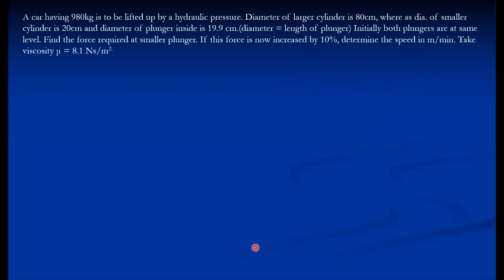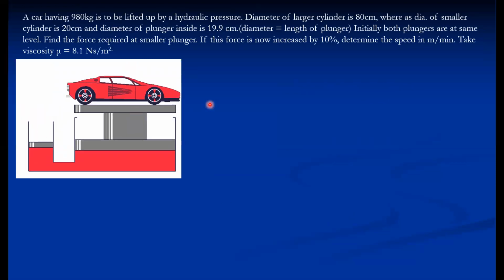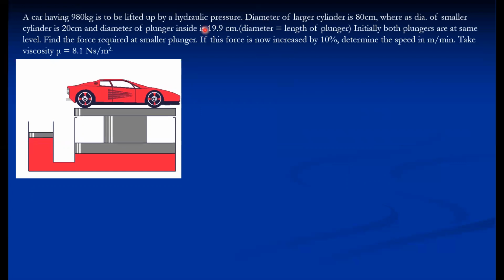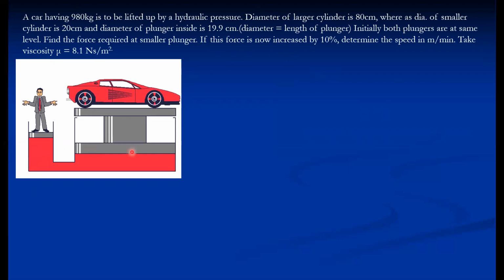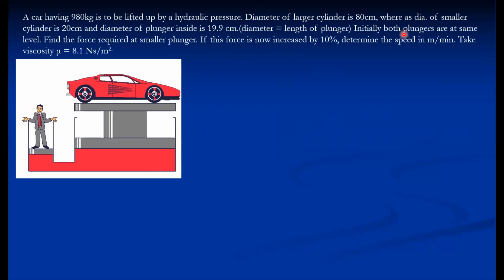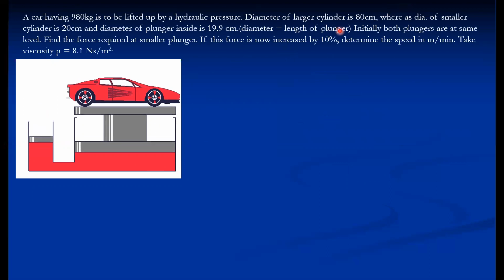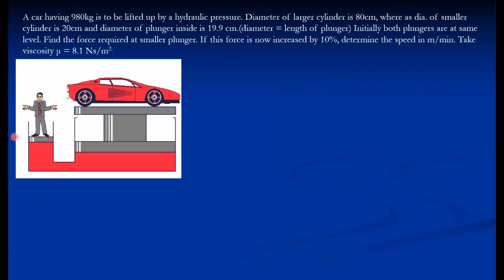Another problem we will see: a car having 980 kg is to be lifted up by a hydraulic press. Again, whenever you come across a Pascal's law problem, essentially there are two piston-cylinder assemblies. The diameter of the large piston is 80 centimeter, whereas for the small piston it is 20 centimeter.